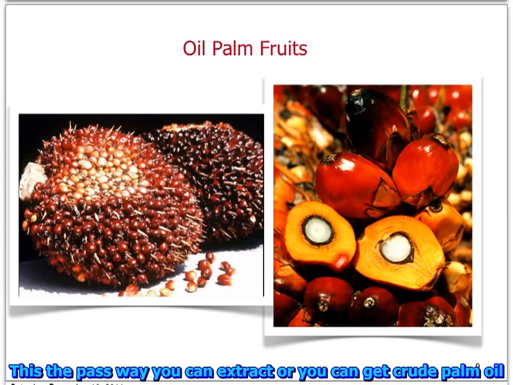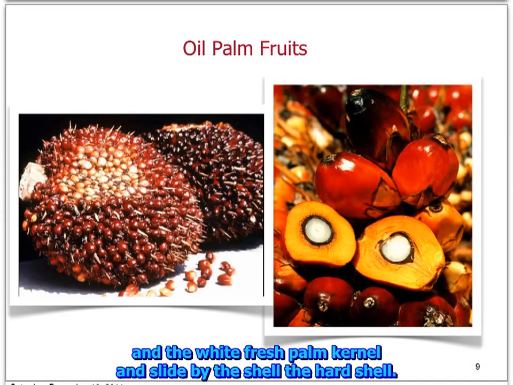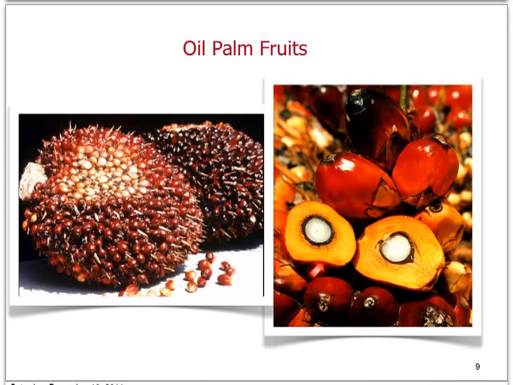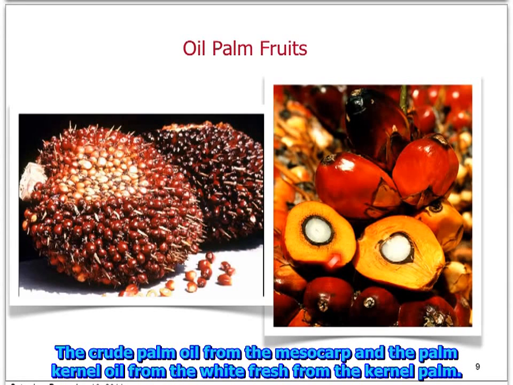This is the part where we can get the crude palm oil, and the white flesh is the palm kernel, surrounded by the hard shell. So basically we can get two types of oil here: the crude palm oil from the mesocarp and the palm kernel oil from the white flesh or the kernel part.